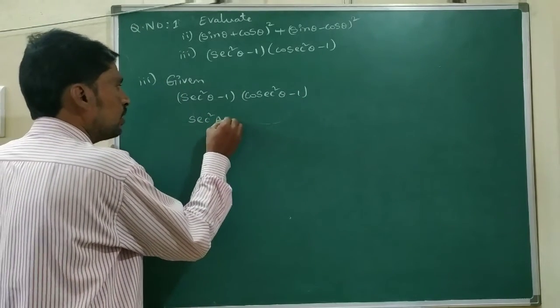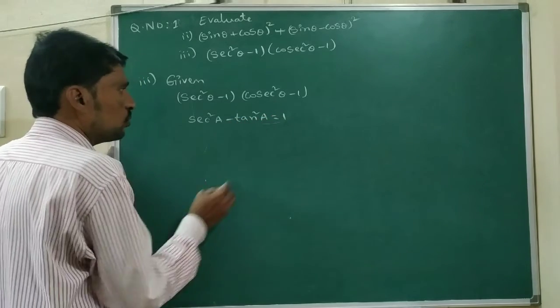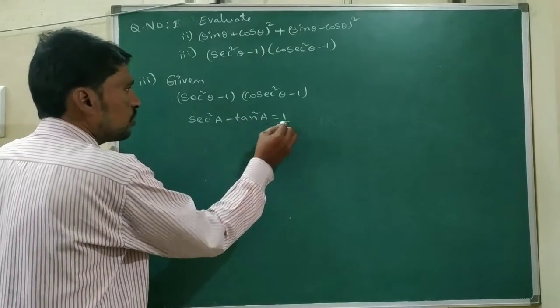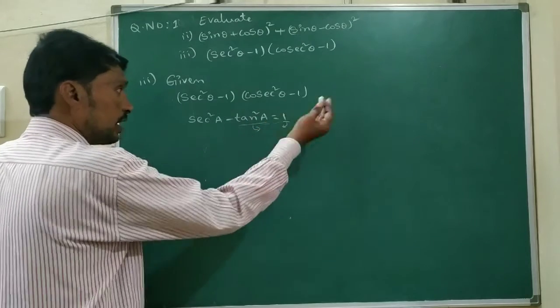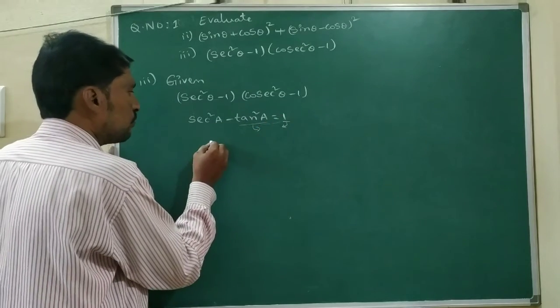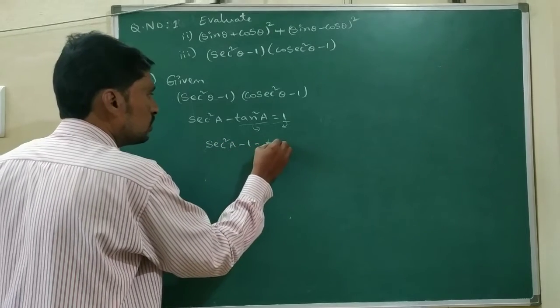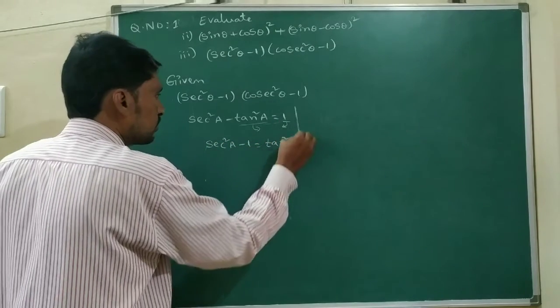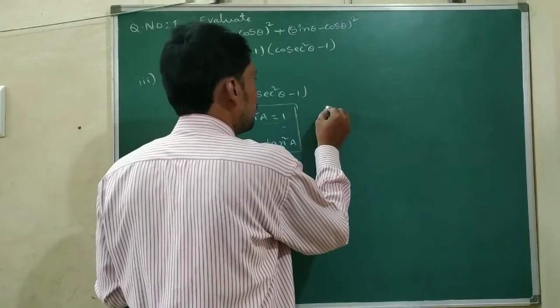Sec square A minus tan square A equal to 1. From here, this tan square A you can transpose to the right, and this 1 you can transpose to the left. What are we getting? Sec square A minus 1 equals tan square A. One more identity I am writing here.